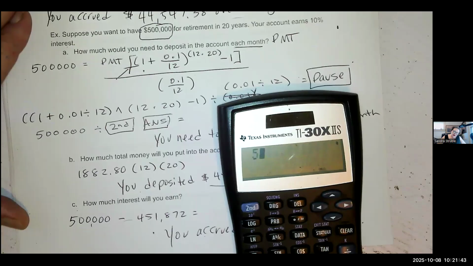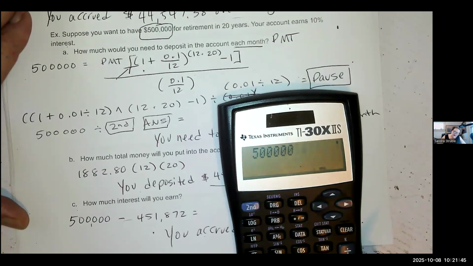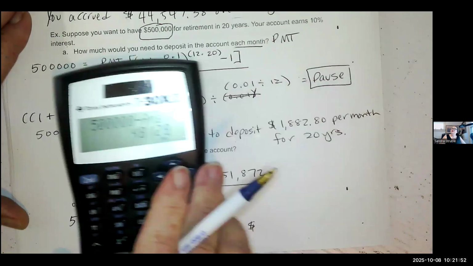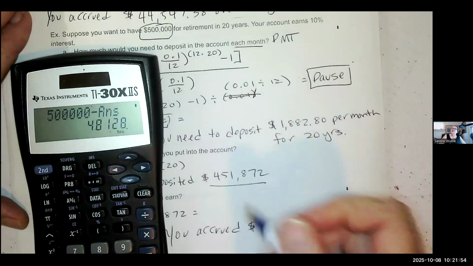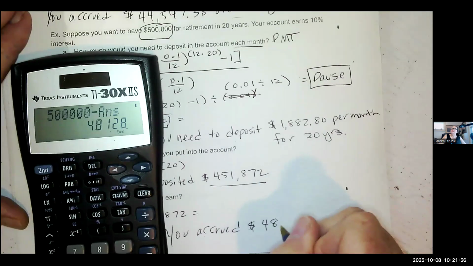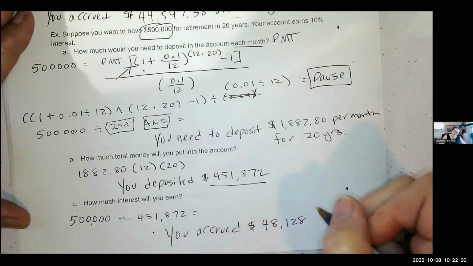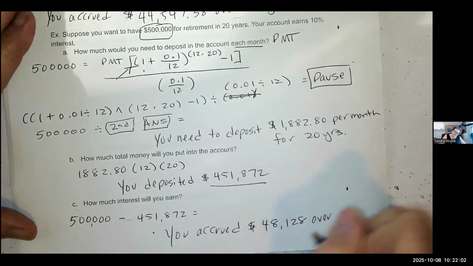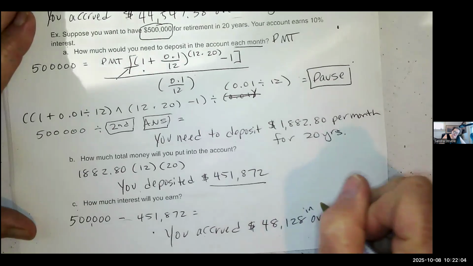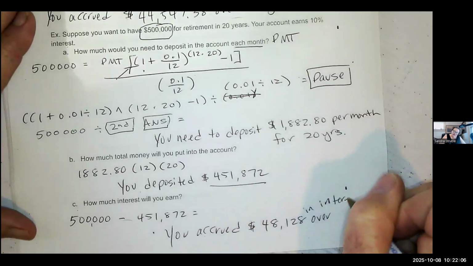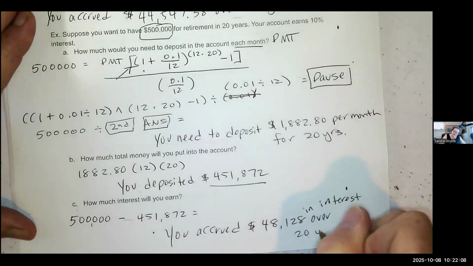So I can just type in 500,000 minus second answer equals. As long as it doesn't go past that second decimal place, you're fine with leaving the money in your calculator for this one. You accrued $48,128 in interest over 20 years. Let's label what this is over 20 years.